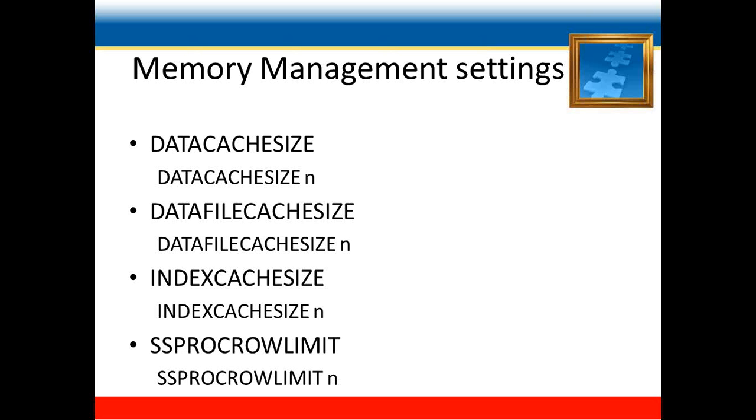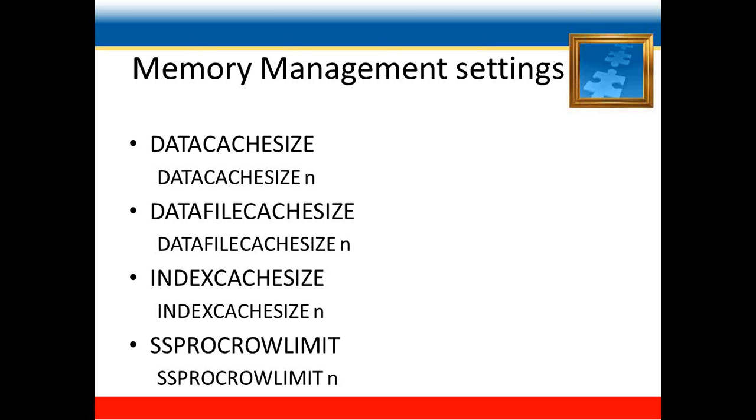Then there's another setting for data file cache size, for which you can provide an initial value which will be assigned to all the newly created databases. Data file caches are also a buffer in memory which hold the data files.